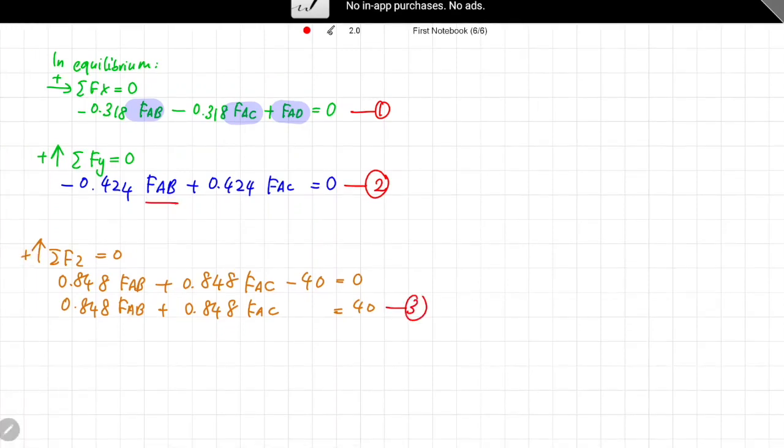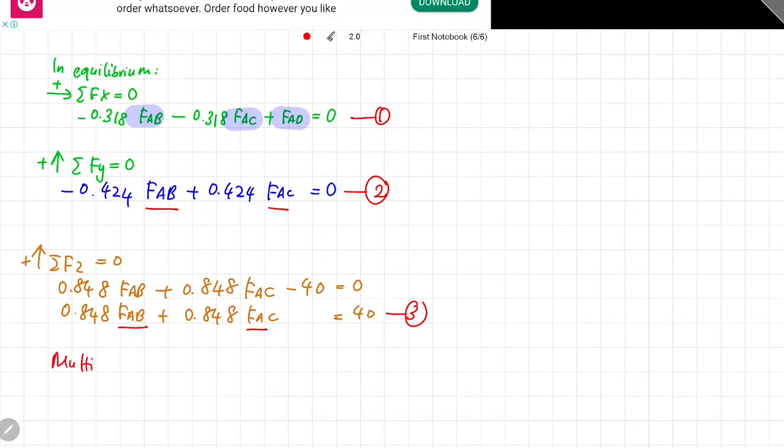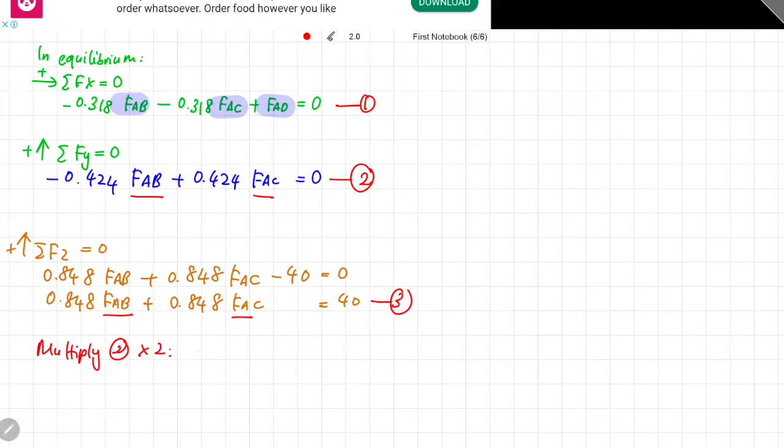So if you look at equation number 2 and 3, variables are sama, which is FAB and FAC. So I'll try to solve these two variables first from these two equations. So I'm going to multiply equation 2 with 2, so that dia punya value dekat depan tu sama dengan equation 3. So the corresponding equation would become negative 0.848 FAB plus 0.848 FAC, and that is equivalent to 0.